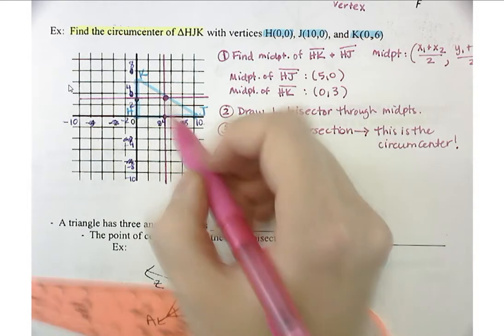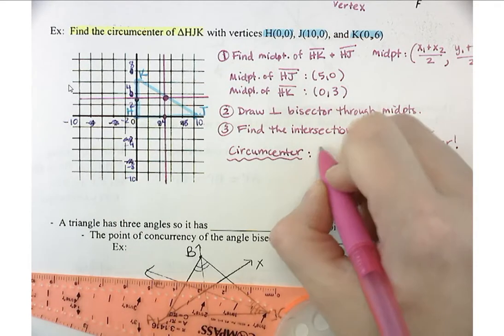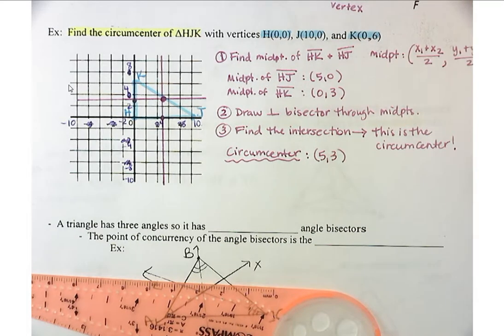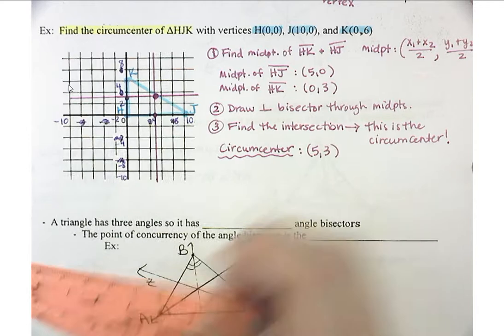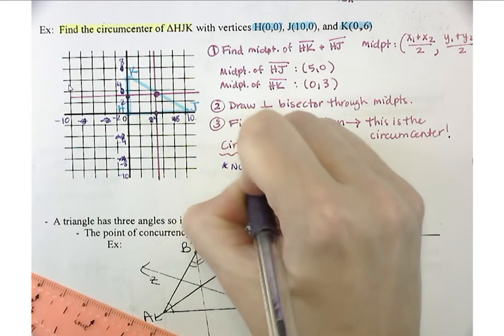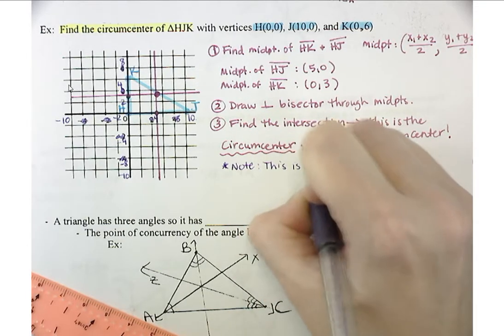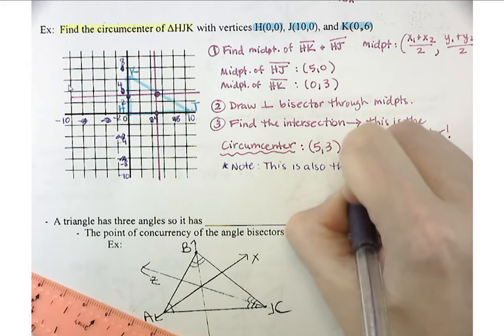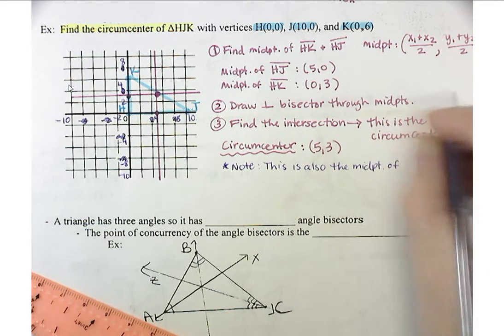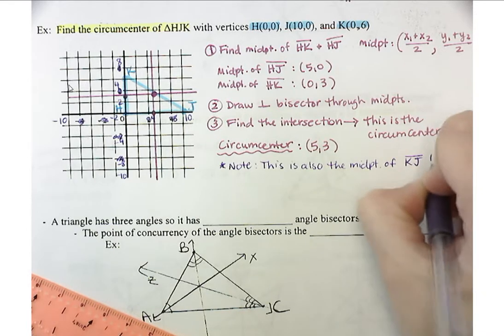Okay, so your circumcenter here is over 5, up 3. We're going to make a little note. Okay, so this is also the midpoint of KJ.